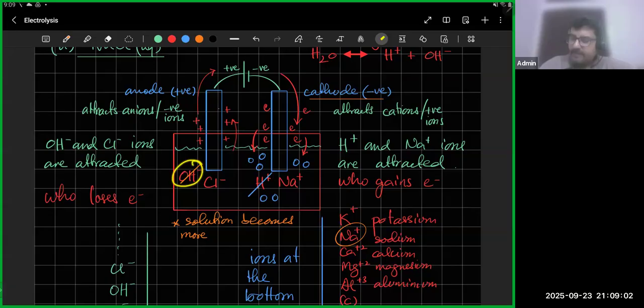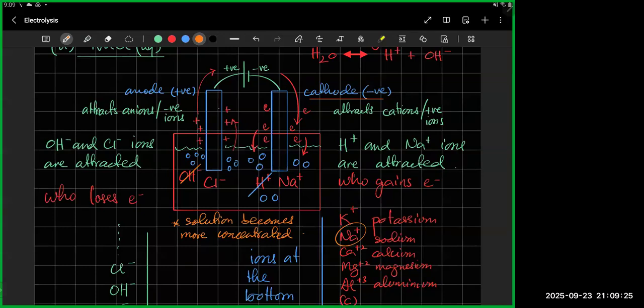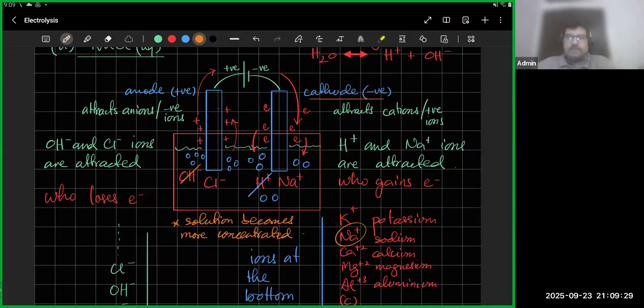On both sides, you will start seeing bubbles of gas being formed, and nothing happens to NaCl. So the solution becomes more concentrated because water is leaving the solution. Is that clear? Yes. Next one, just 1 second.